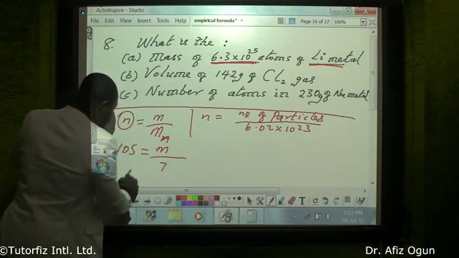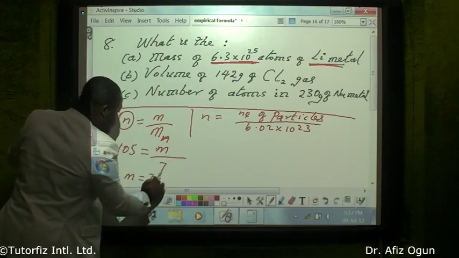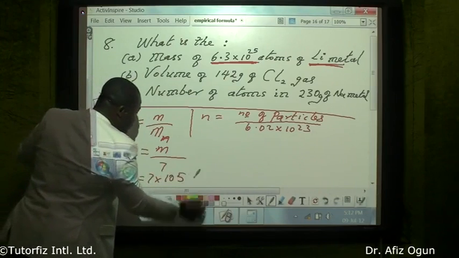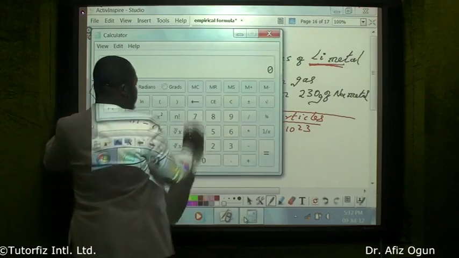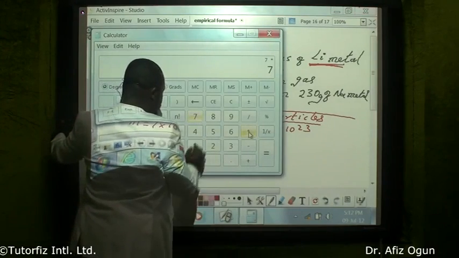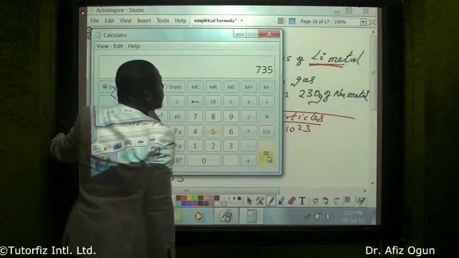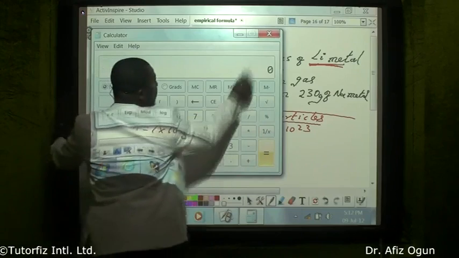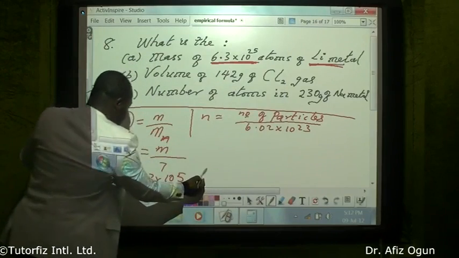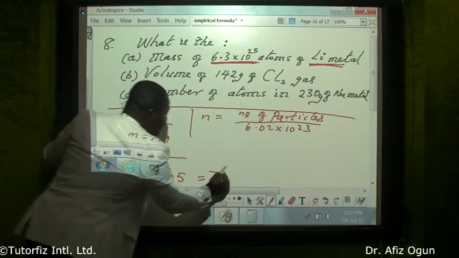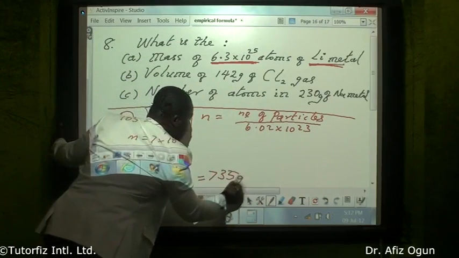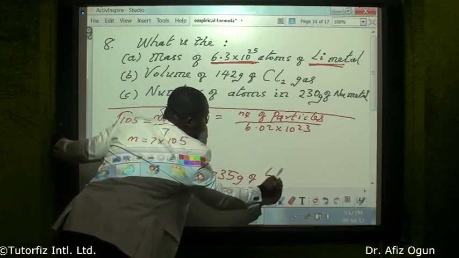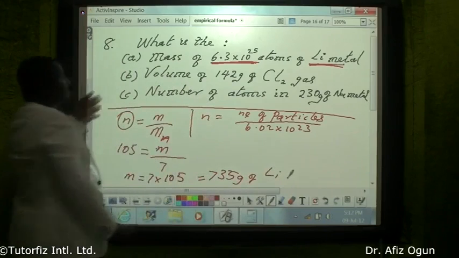So M equals to 7 multiplied by 105, which is 735 grams. This gives me 735 grams of lithium. Okay, so you can solve this one.